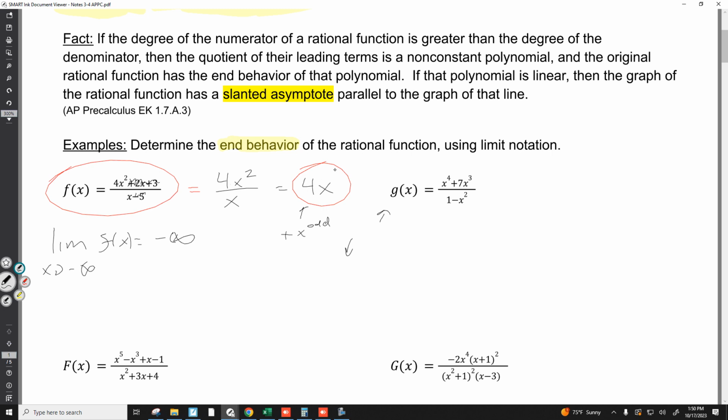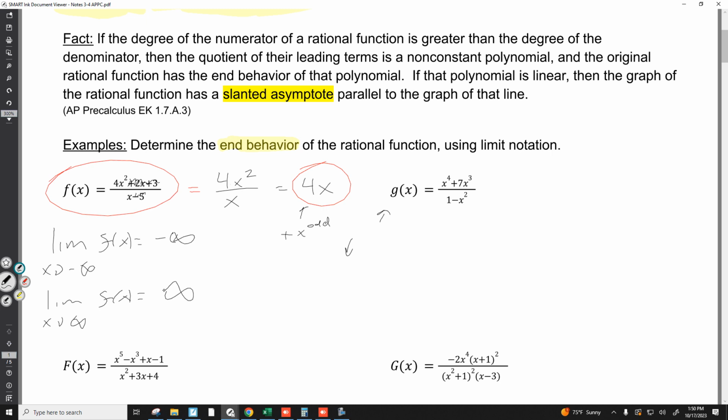If you plug in positive infinity, you get that end behavior going up and to the right. So we have end behavior that is infinities, like we're used to with polynomials. It's just tricky because there's more options for rational functions.